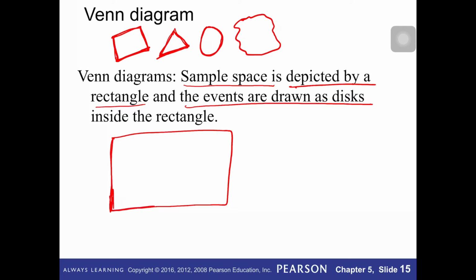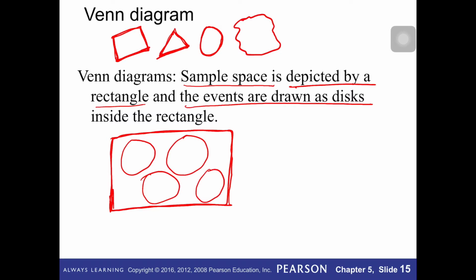Okay, sample space in general we denote by this huge rectangle. Inside we can draw our events. Events are drawn by circles.